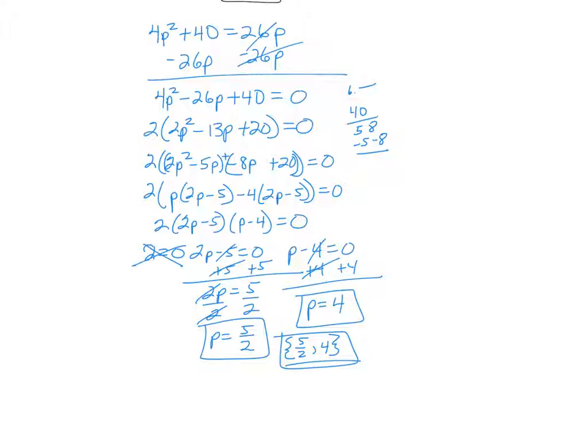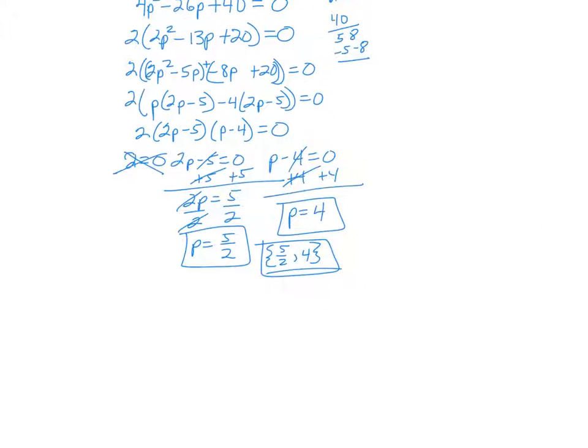Okay, well, I want to look at one more with you, just to make sure we're good with everything that can happen. So let's look at this one. 6z cubed minus 6z is equal to 0.